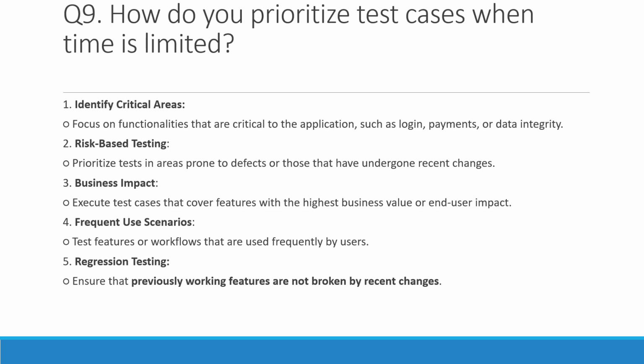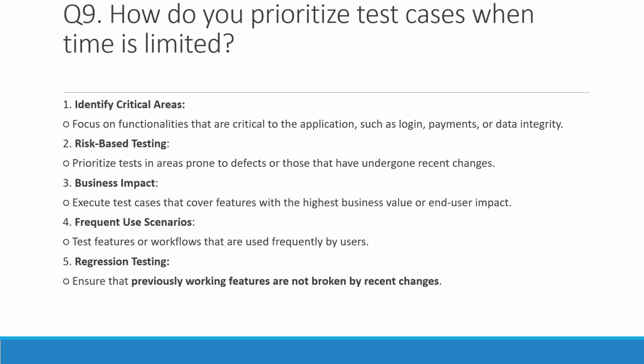Question number 9. How do you prioritize test cases with limited time? Use these 5 criteria. First one, critical areas. Focus on features critical to the application like login, payments, or data integrity. Next one, risk-based testing.